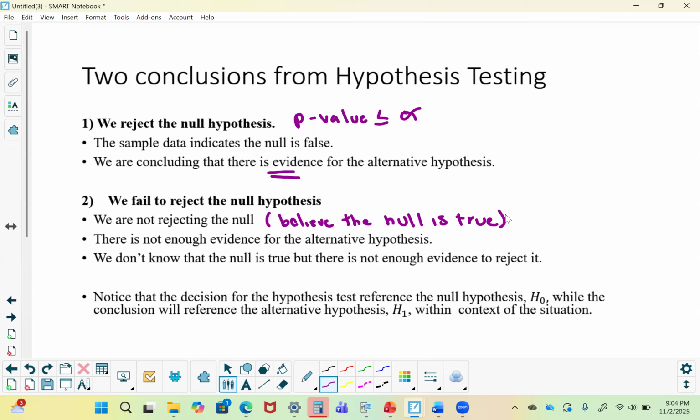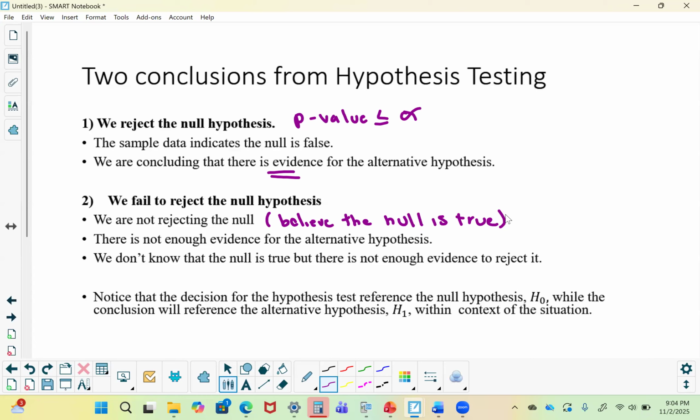But just like a court of law, we never say this data proved that the null is true. We're just saying that this sample data is not enough evidence to say that it's false. So one sample can't prove the null true, it can just prove the null false. But it can say that this sample data does not support that the null is false.